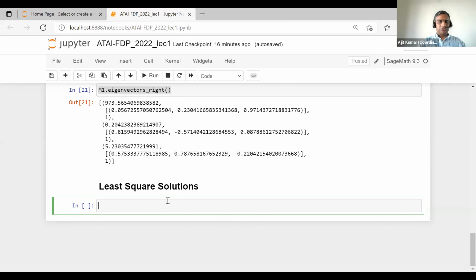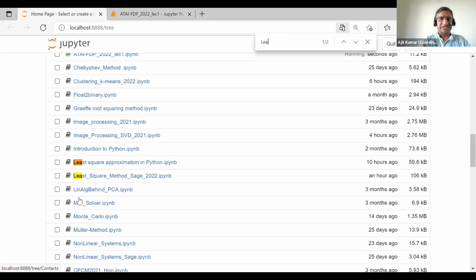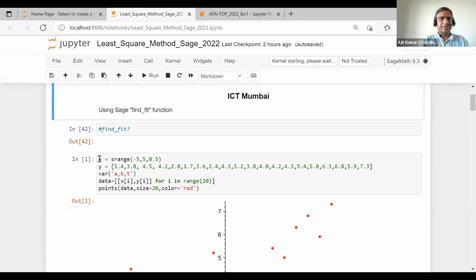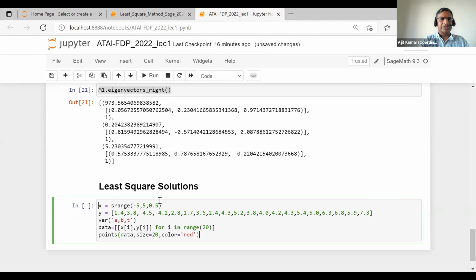Okay, so we want to do least square solutions. I've already prepared this, which I have shared already. Let me do it here so that you understand.